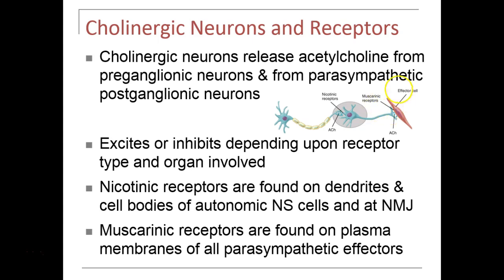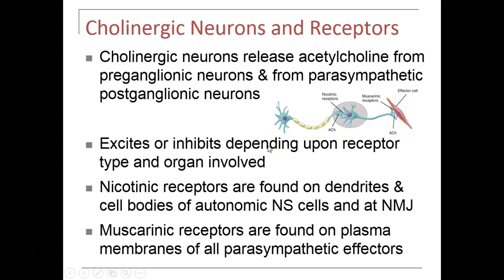And as it turns out, muscarinic receptors can bind to muscarine, but can't bind nicotine. Nicotinic receptors can bind nicotine, but can't bind to muscarine. But what's kind of interesting is that both of these receptors can bind to acetylcholine. I won't go into details about why that is, but both of those receptors bind acetylcholine.